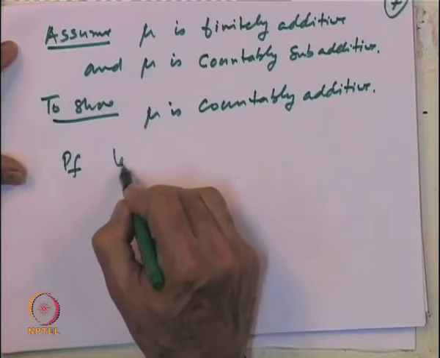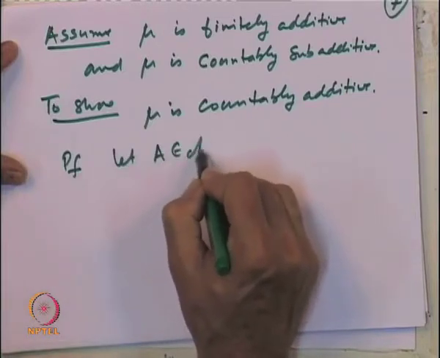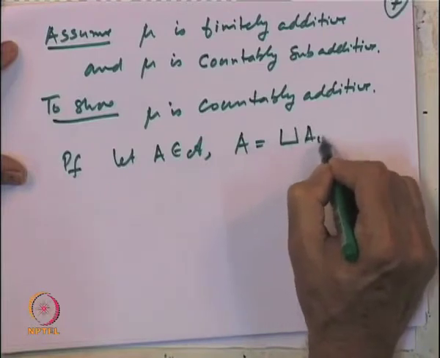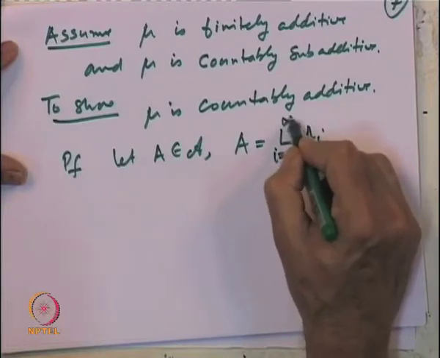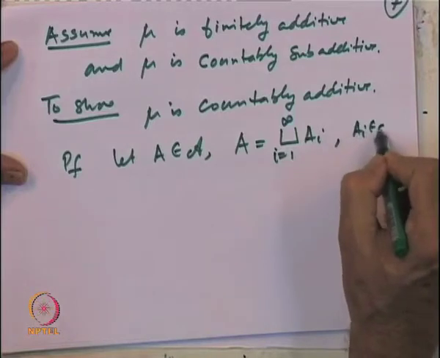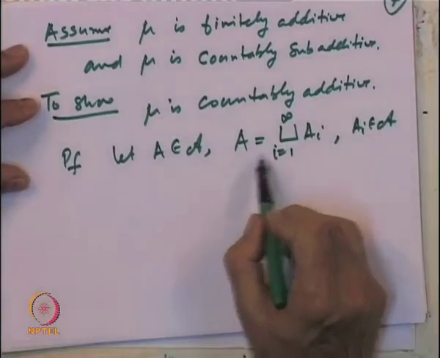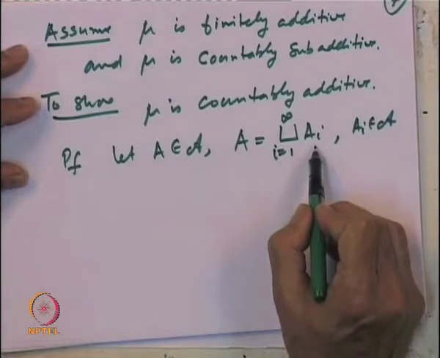What to show? Let A belong to the algebra and A be equal to the disjoint union of A_i's, i equal to 1 to infinity, with A_i's belonging to the algebra, and we have to show mu of A is summation mu of A_i's.